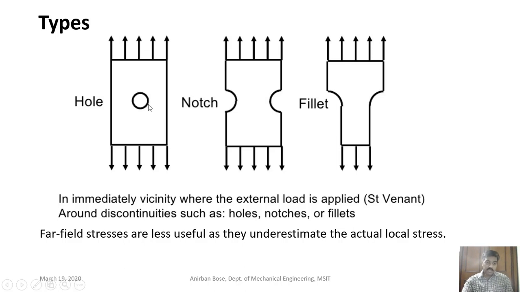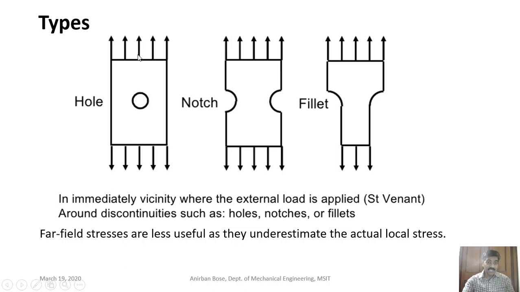But actually what happens if this kind of discontinuity in the geometry is present in the machine components? Then around that discontinuity, whether it is a notch or fillet or hole, the stress created is much higher than the far field stress.